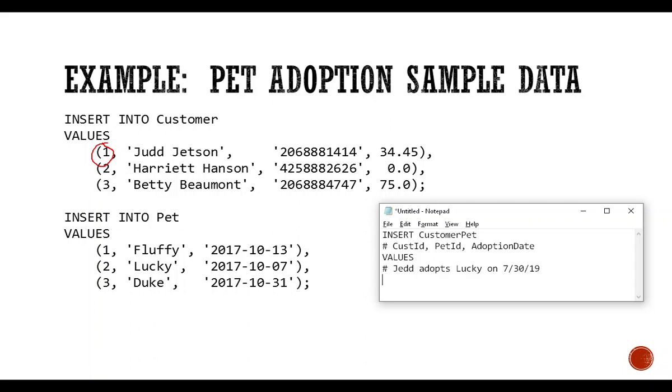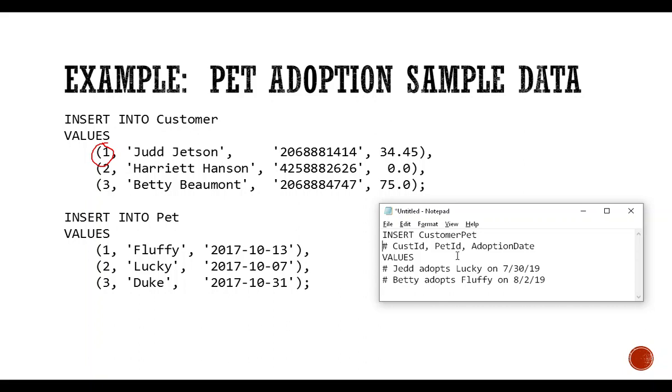So maybe that adoption happened that date. And then maybe, let's see who else is going to adopt. Maybe Betty adopts Fluffy on 8/1/19, 8/2/19, whatever, make up some data. So that's the way you have to go through this. You don't have any magic way to put this data together, and you just have to go through.